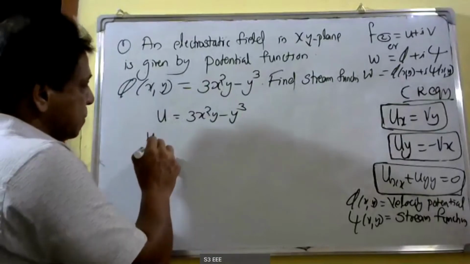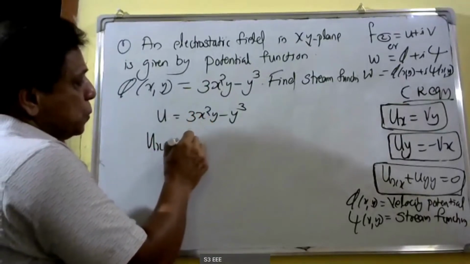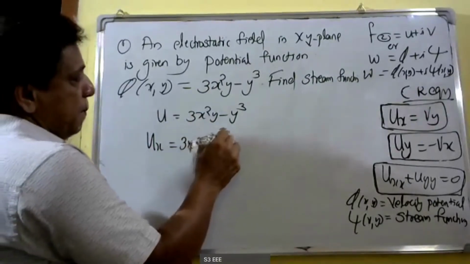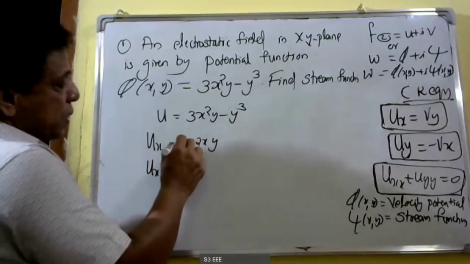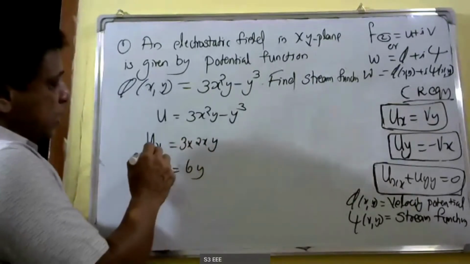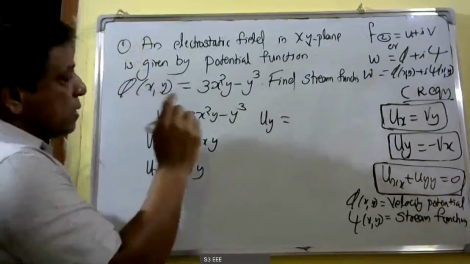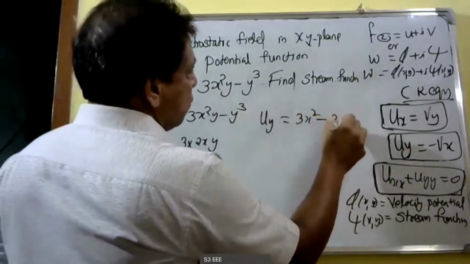Then ux is 3 into 2xy, that is 6xy. Then uxx is 6y. Similarly, uy is 3x squared minus 3y squared.